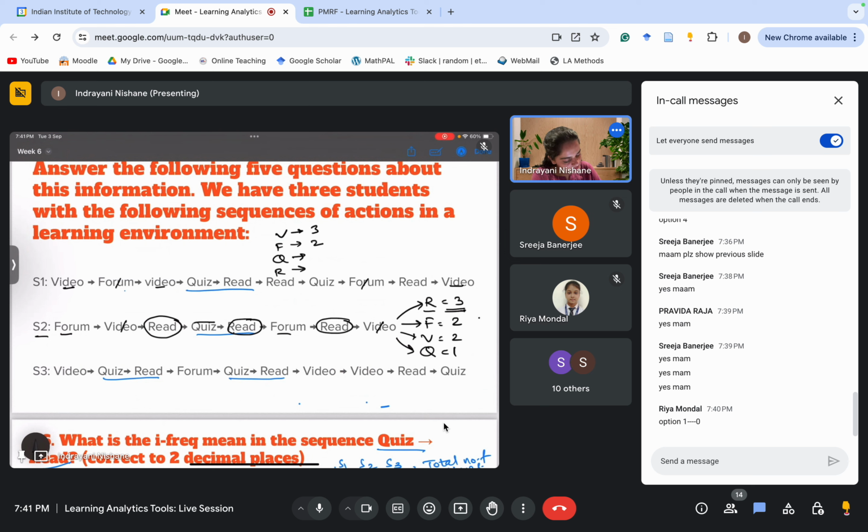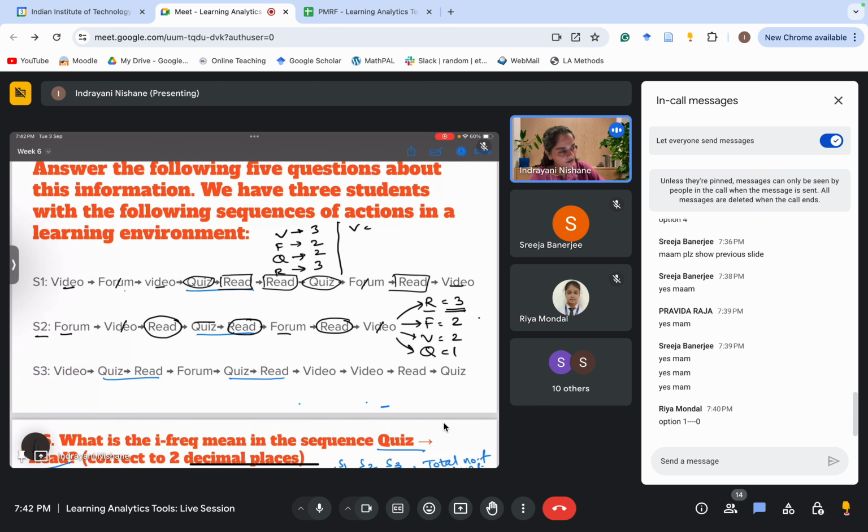How many times has quiz occurred? 1, 2. How many times has read occurred? 1, 2, and 3. So 3 is the highest frequency. When we want to calculate significance, we will divide each count by 3.